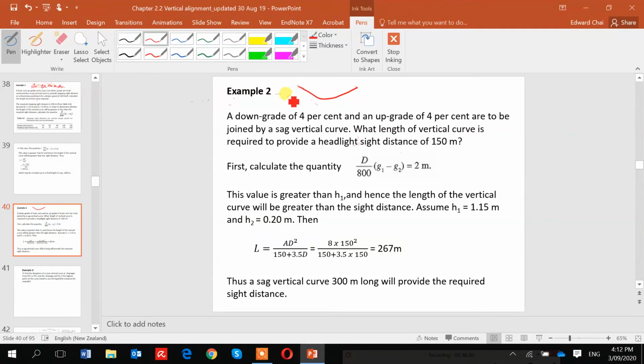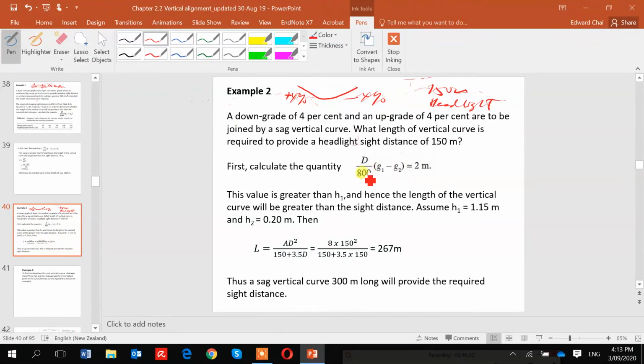So this one is plus 4%, and then minus 4%. Headlight sight distance of 150 meter. It's headlight sight distance. Okay, so we look at this expression.